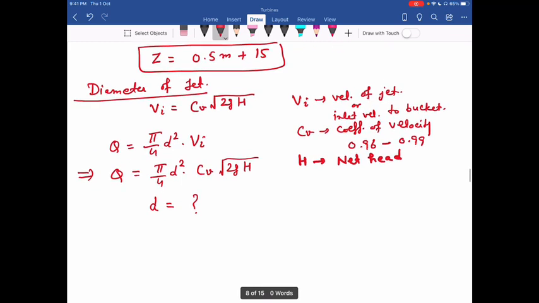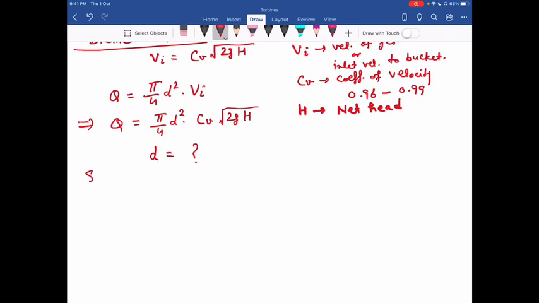The next is the formula for speed ratio. Now, this speed ratio is denoted by Ku.